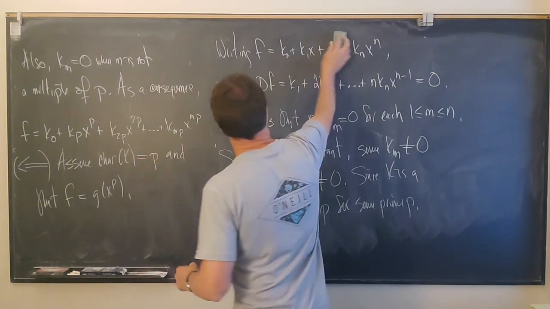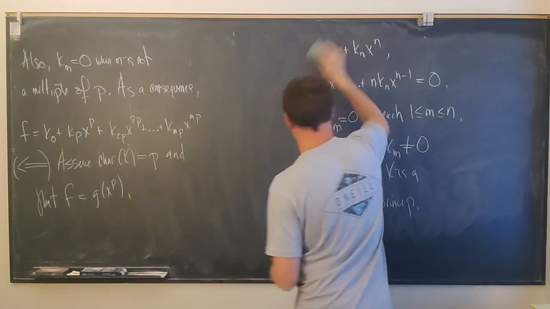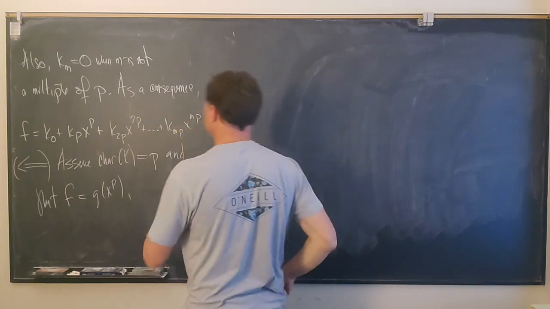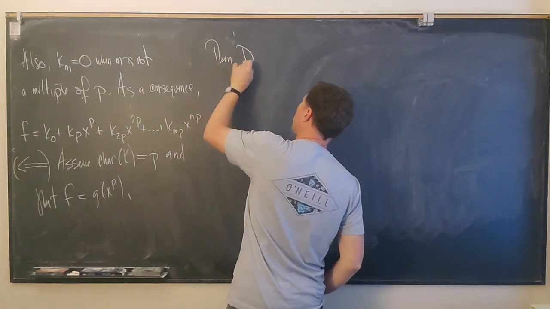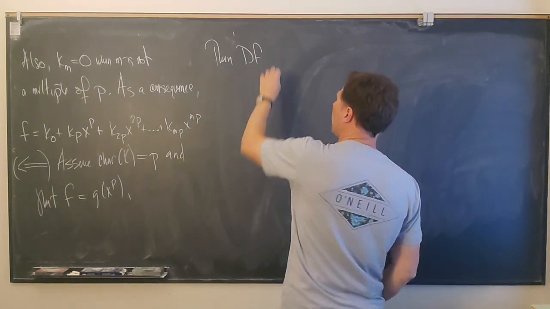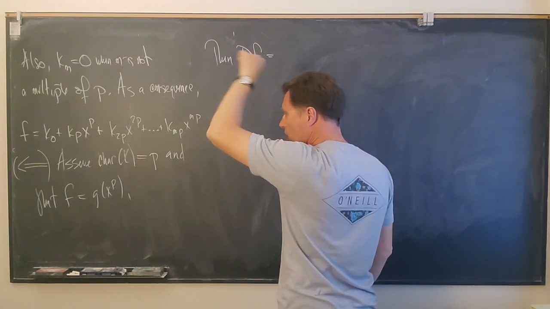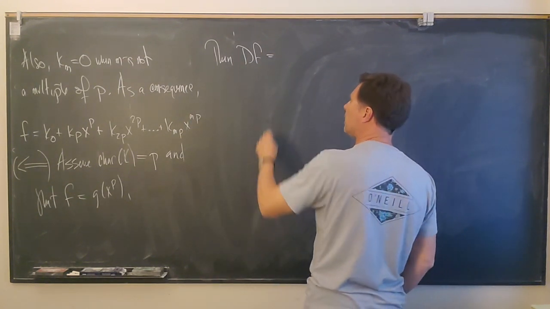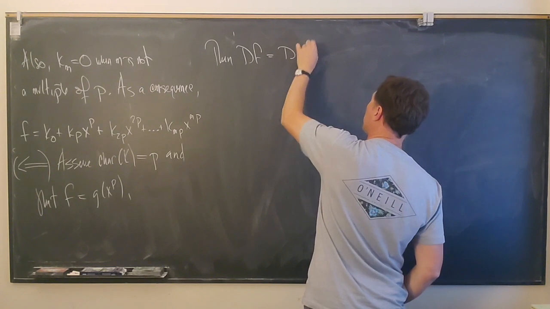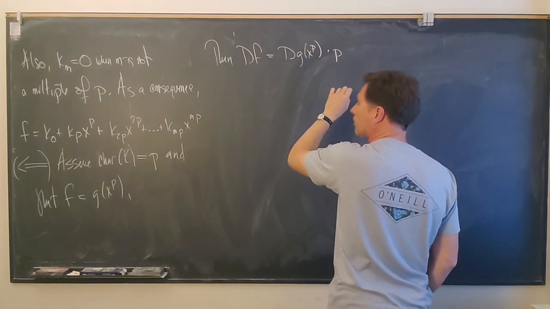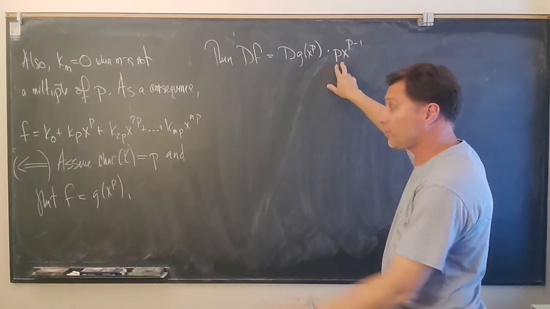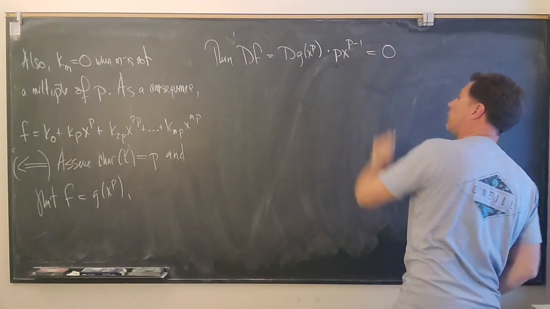So then if we look at the derivative, that's going to be dg of x to the p times p x to the p minus 1. But we're in a characteristic p field, which means that this is 0. So the derivative is the 0 polynomial.